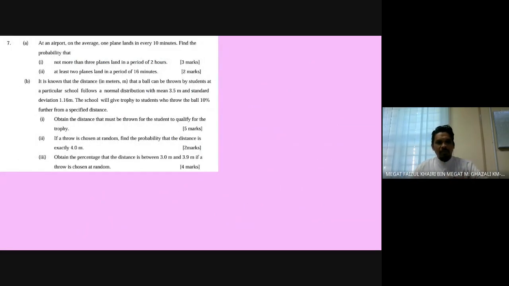At the airport, on the average, one plane lands every 10 minutes. Find the probability. So now X is Poisson distributed with lambda or mean equal to 1 for every 10 minutes. Find the probability that not more than 3 planes land in a period of 2 hours. A period of 2 hours means that the lambda has changed.